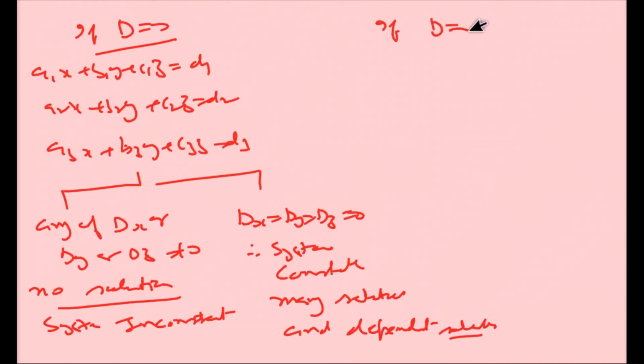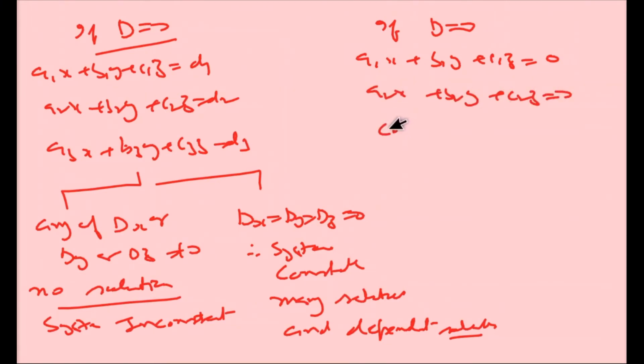If d equal to 0 for a1x plus b1y plus c1z equal to 0, a2x plus b2y plus c2z equal to 0, a3x plus b3y plus c3z equal to 0, homogeneous equations, then what can we write as the answer?